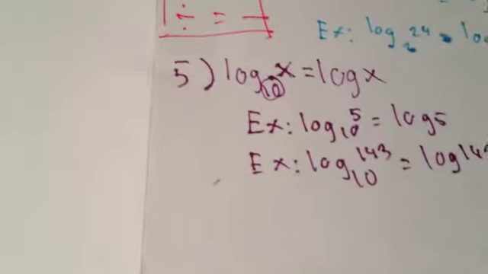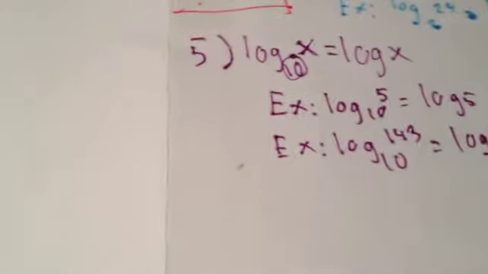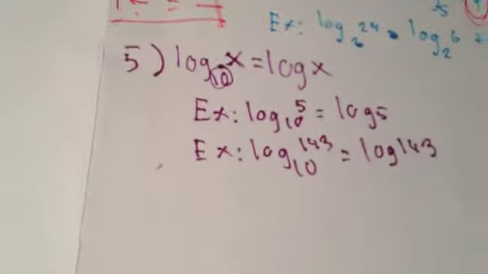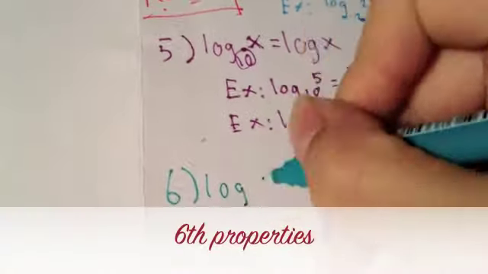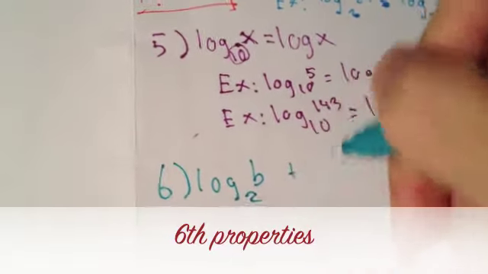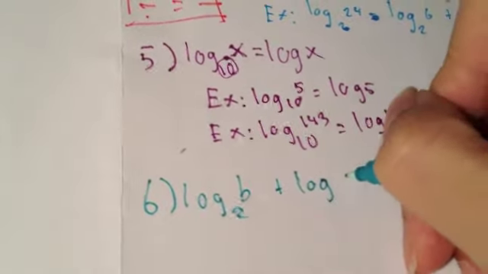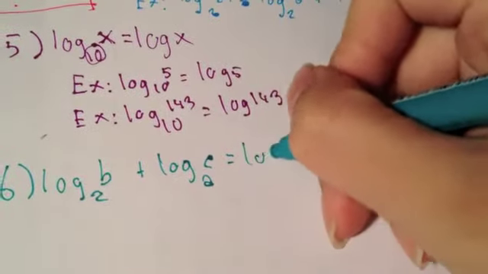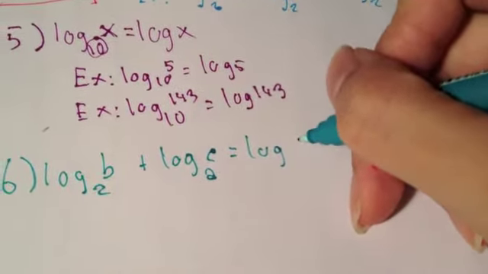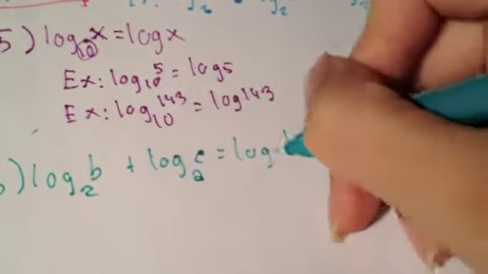Just remember that if that log has base 10, it's always equal to the log of the number. Log b in base a plus log c in base a is equal to log b times c in base a.